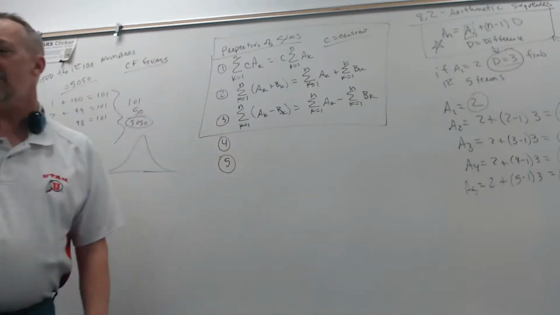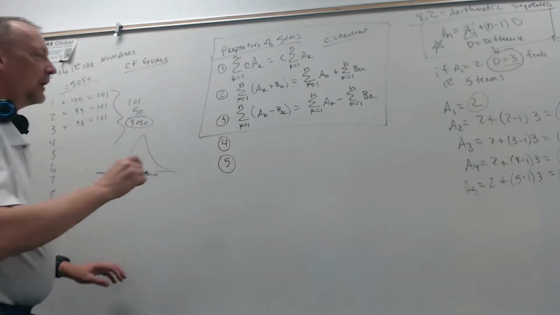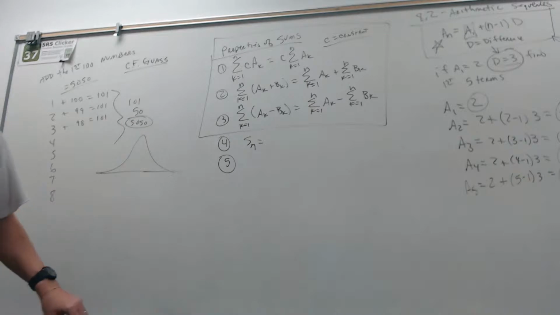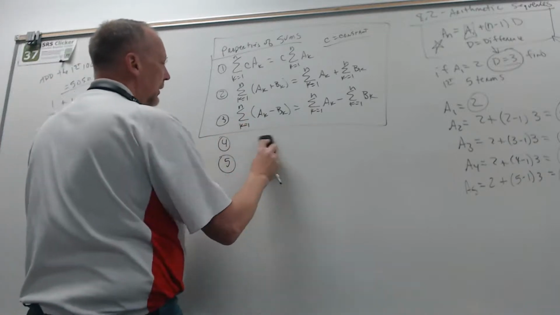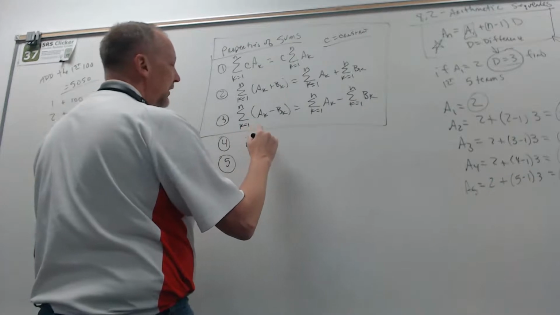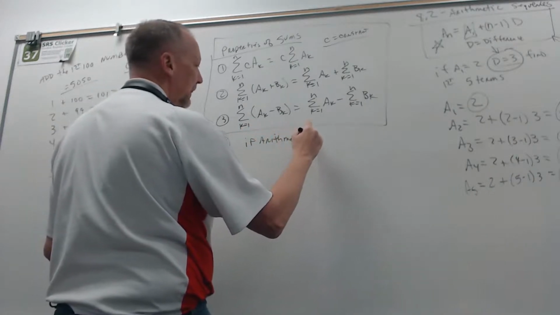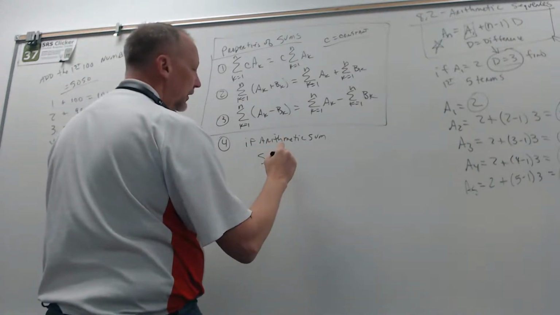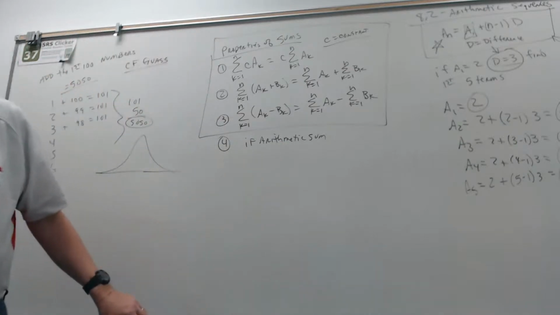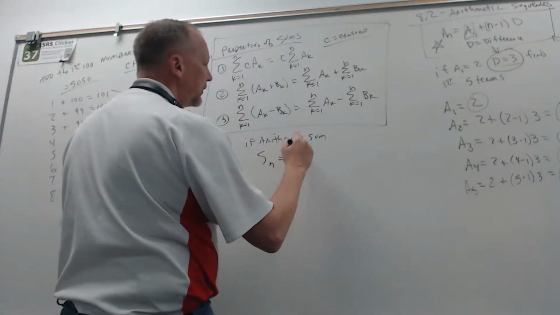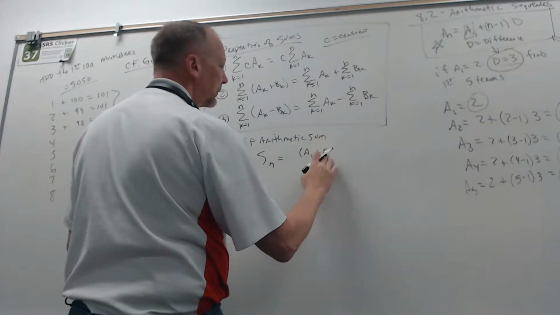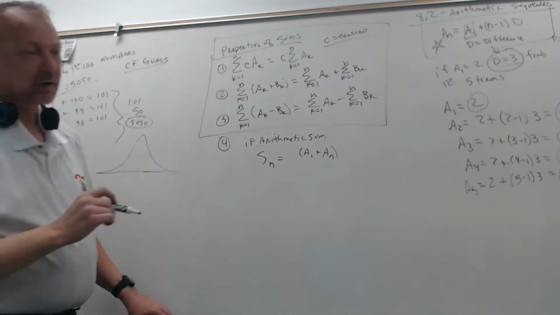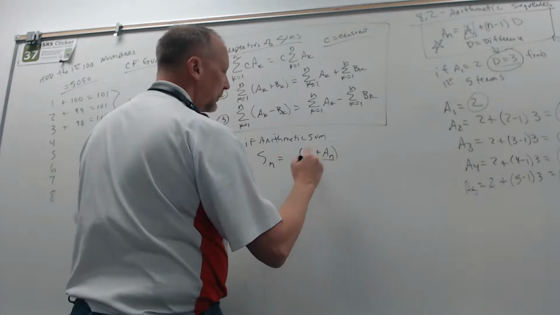The one that I just demonstrated is for an arithmetic sum: S sub n equals your first term plus your last term, divided by 2, times n.